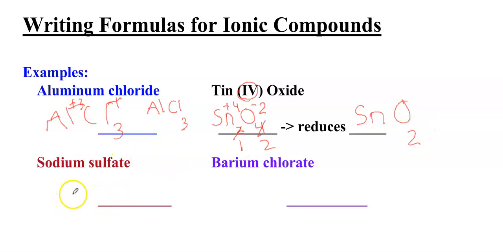Next one says sodium sulfate, Na. Sulfates, okay? That's when you need to use your polyatomic ion list. So we found that on our periodic tables, and I am going to grab my list. On your periodic table, it is in the box that says common polyatomic ion list.